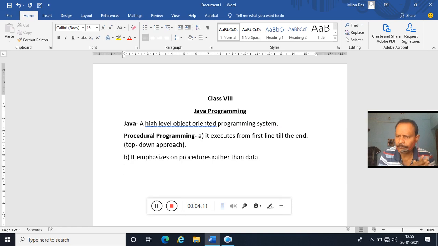Now, think of the situation of submitting the fee. Which one is important? Is filling up the form important or is the money important? Obviously, all of you will agree that the money is important.